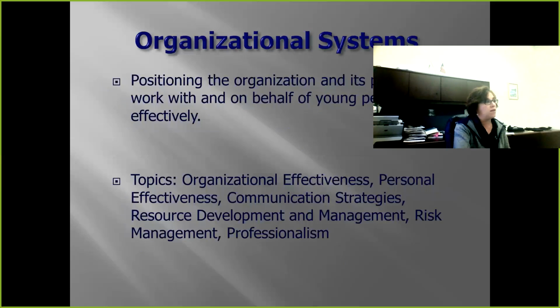And then organizational systems, this is really being able to position our organization and the people to do the best that they can do. So things like organizational effectiveness, personal effectiveness, communication strategies, resource development, risk management, professionalism. There are highlights in management and interpersonal skills.